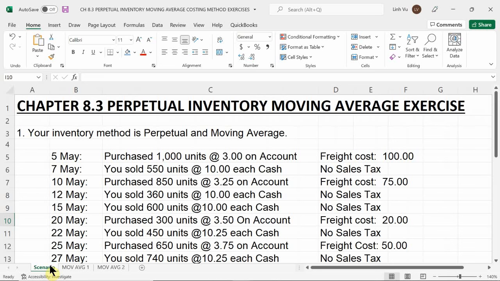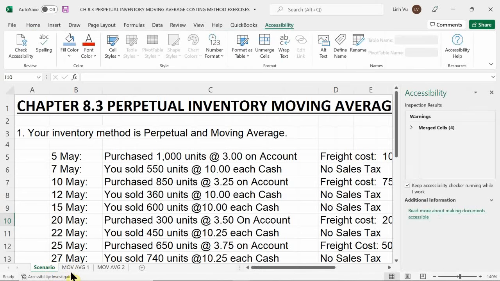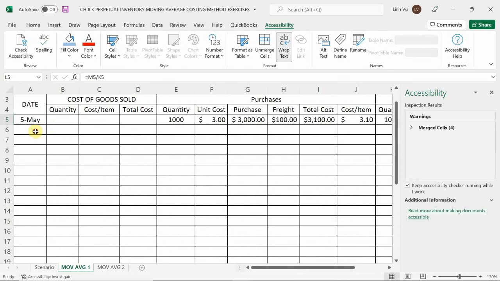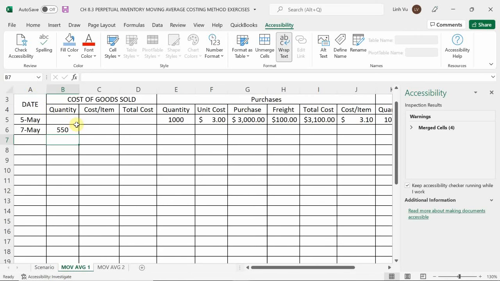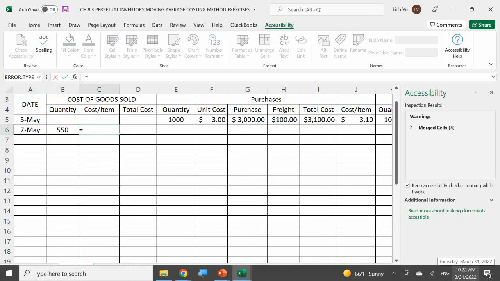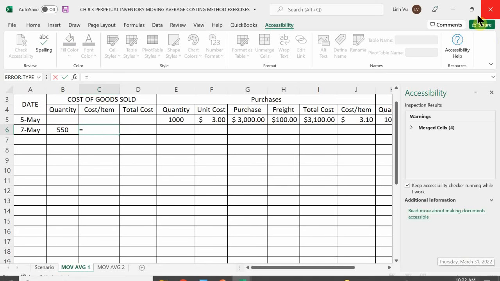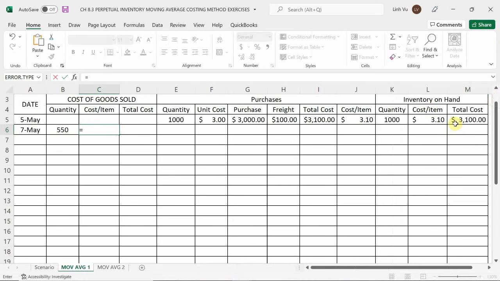So on May 7, we end up selling 550 units at $10 each. So this is what's going to happen. It's May 7, we sold 550 units, right? 550 units, right? So in this case, because my only average cost I have right now is that $3.10, that's all I have right now.